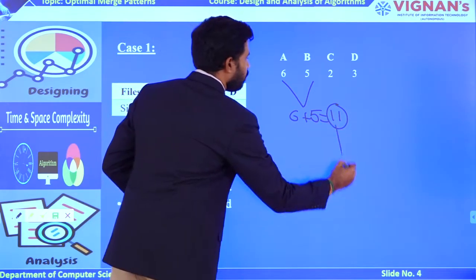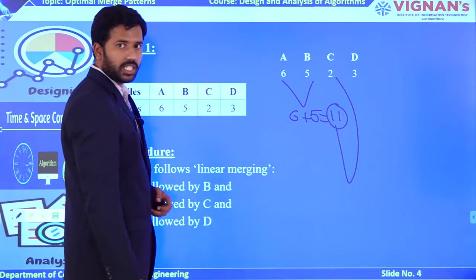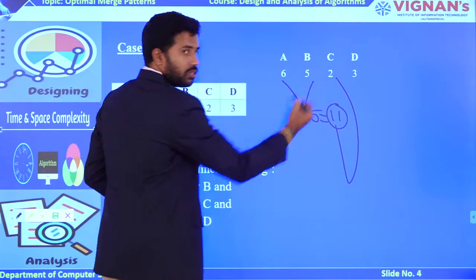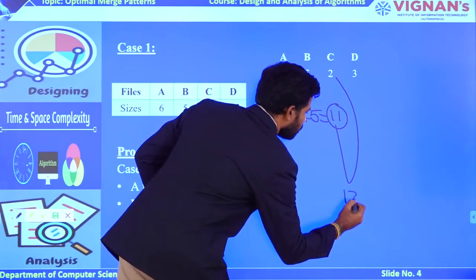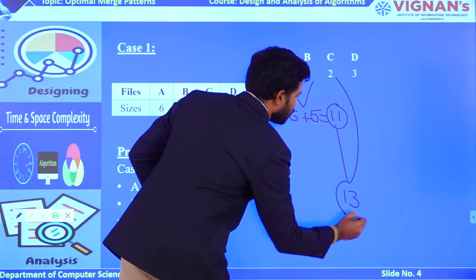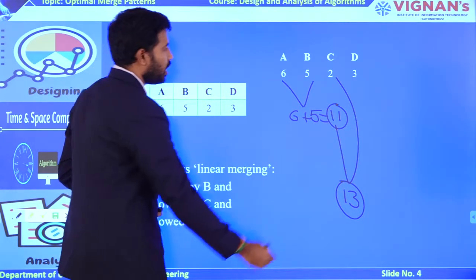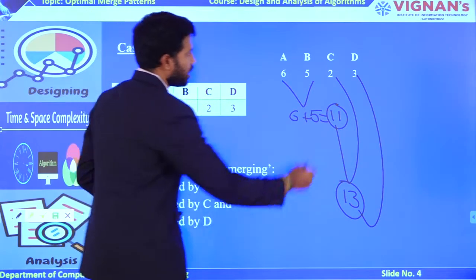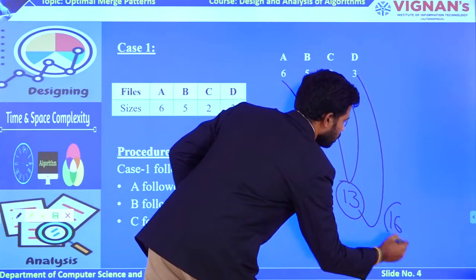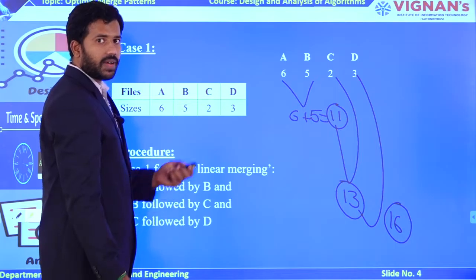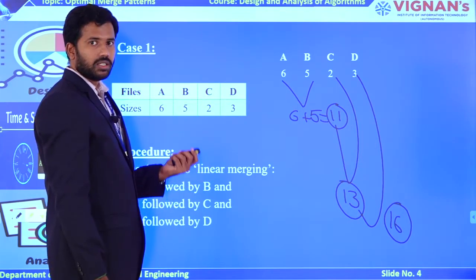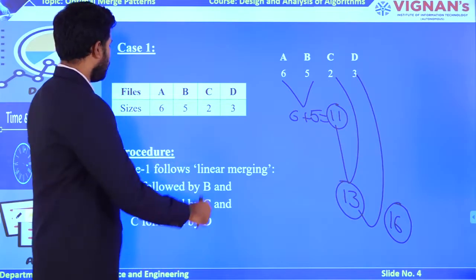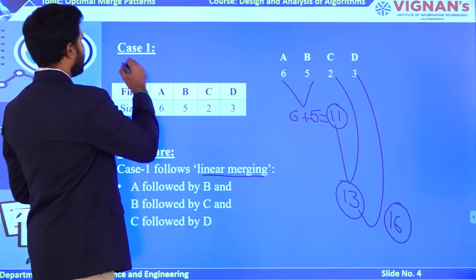Now this 11 will be merged with C, of size 2, so you get a merged file of size 11 plus 2, which is 13. This merged file is merged with D, of size 3, so 13 plus 3 becomes 16. So you merge the files from left to right in a linear manner under case number 1.